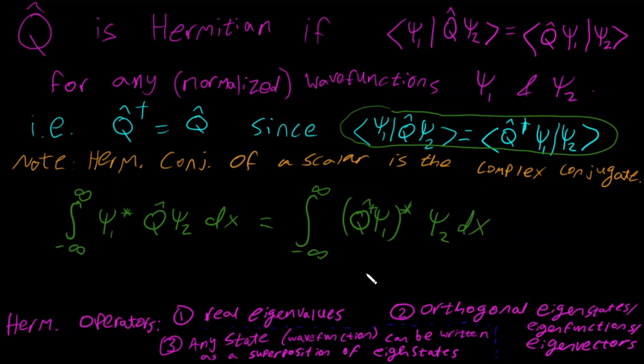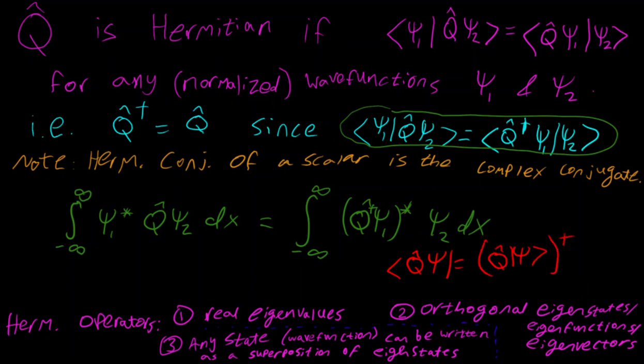I hope I didn't do this wrong in previous videos, and if I did, I apologize, but now you'll know the right way. So if we have the bra vector Q hat psi, this is Q hat acting on psi, all of that Hermitian conjugated.